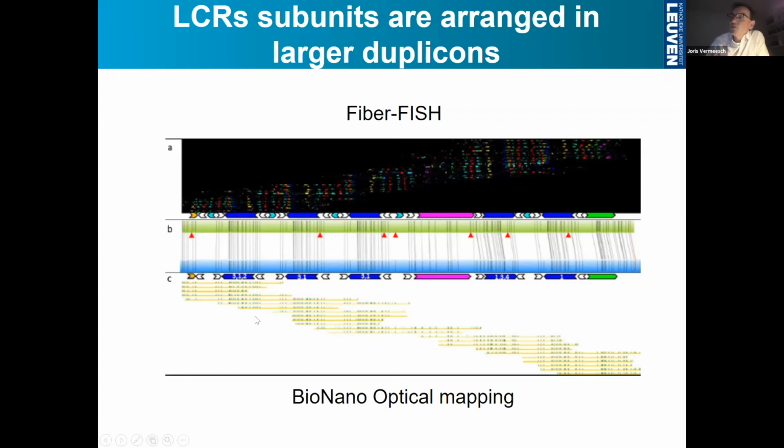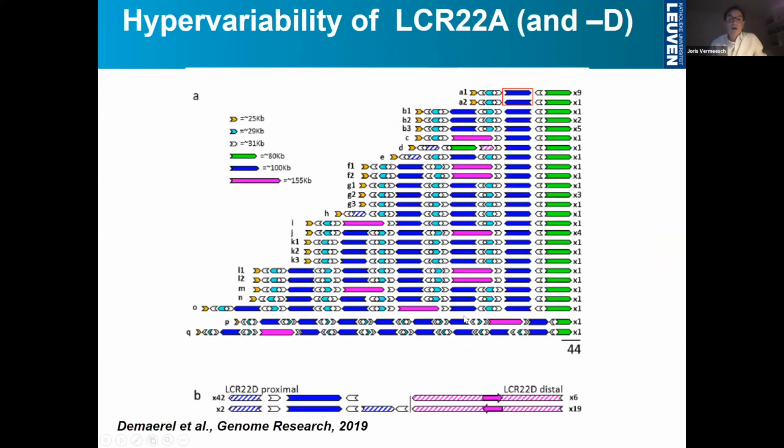Based on the patterns of these long reads, you can reconstitute where the fragments came from and reconstitute this region. Originally, bionano optical mapping was very difficult because there was not a good reference, but if you have enough data and enough long reads, this becomes possible. And these two methods together have allowed us to really zoom in on the region.